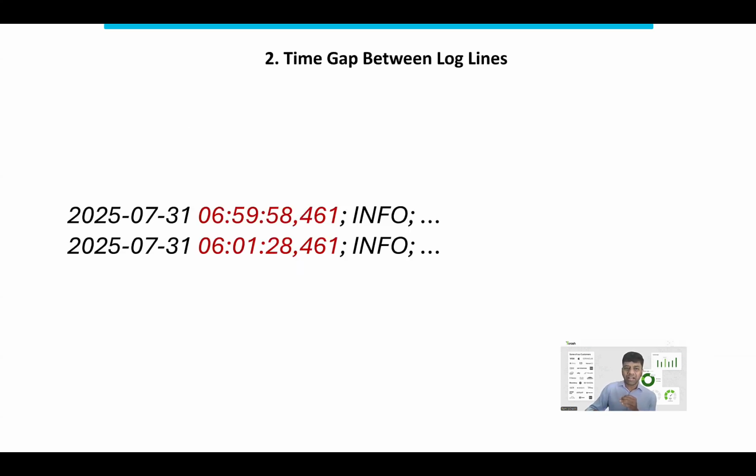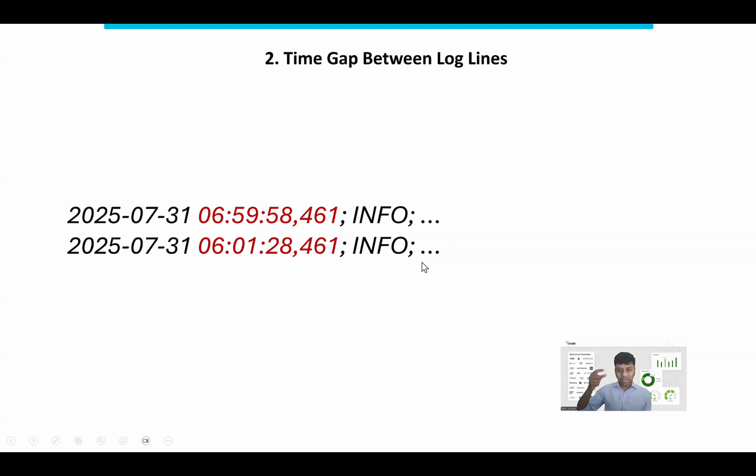And then the next one you want to look at in the application logs is the time gap between the log lines, right? Oftentimes we look at the log statements. Every log statement has a timestamp. If you notice, here is a log statement. You see, this statement was printed at 6:59:58, right? Almost 1.5 minutes later, the next statement is getting printed.